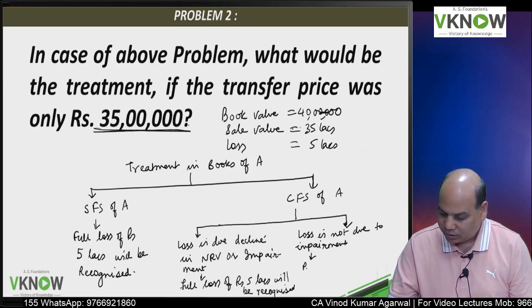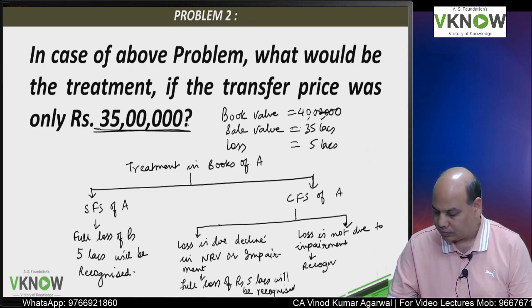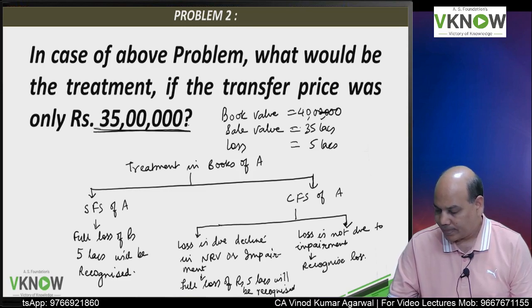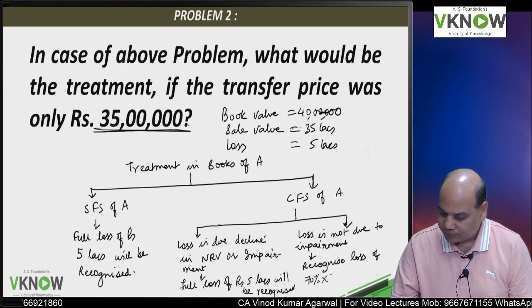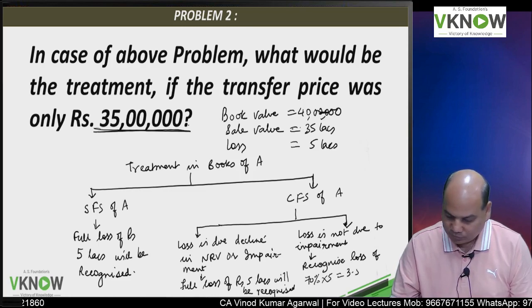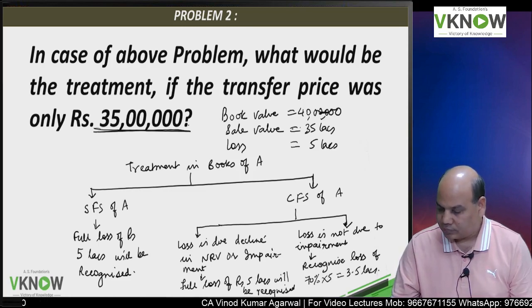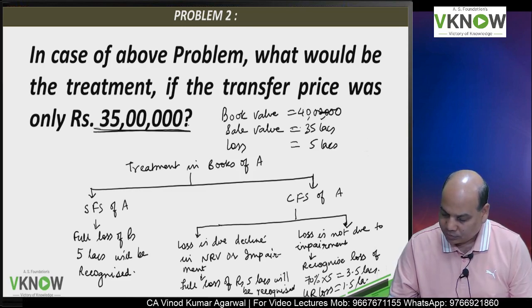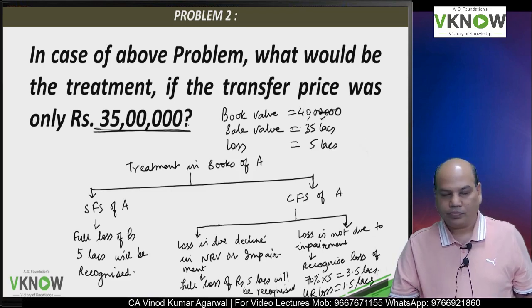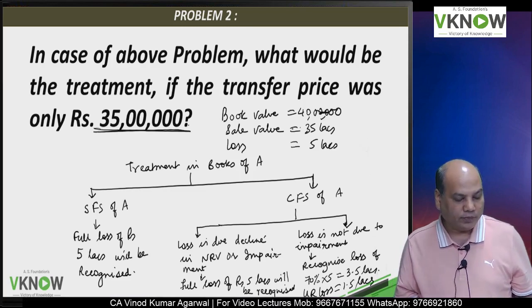Then recognize loss of only 70% of 5 lakh, 3.5 lakhs. Unrealized loss will be 1.5 lakhs.